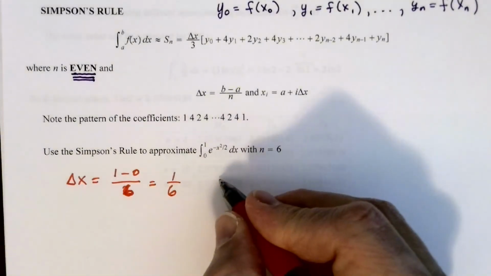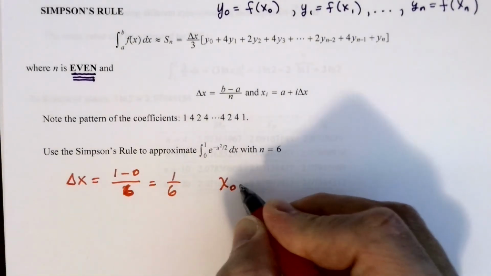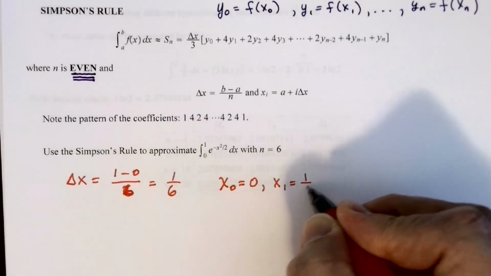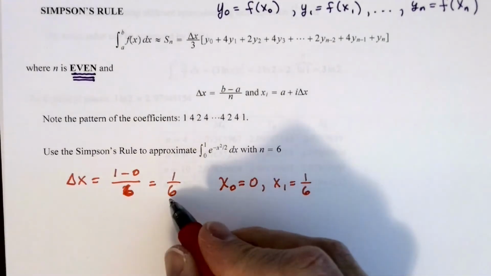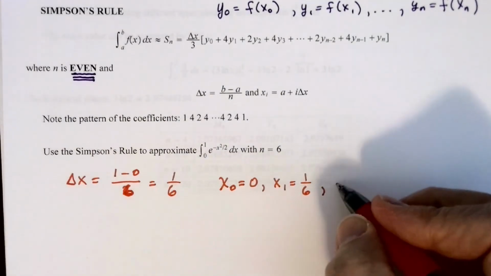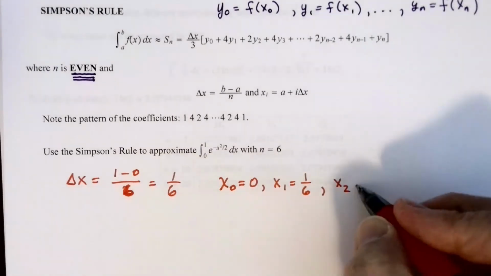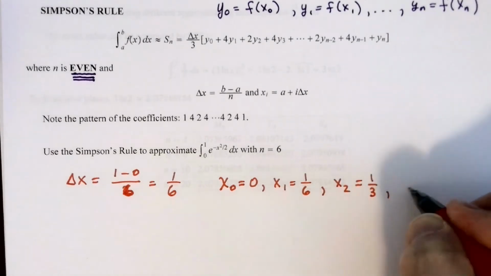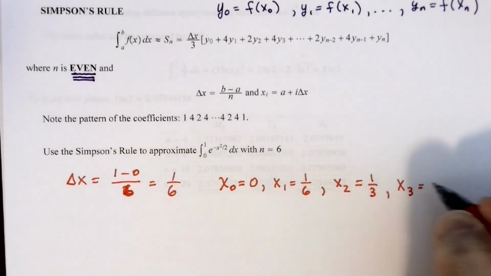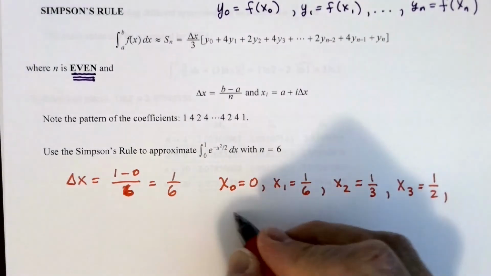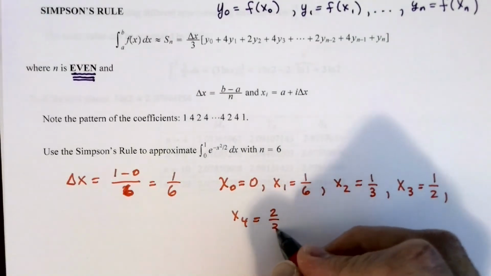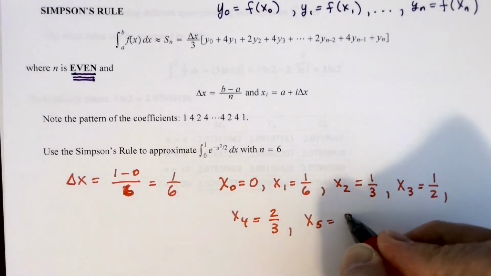What are the endpoints of our subintervals? x sub 0 is 0. x sub 1 is 1/6. I'm not going to write that as a decimal, I'm going to leave it exact. x sub 2 is 1/6 plus 1/6, 2/6, which is 1/3. x sub 3 is 3/6, which is 1/2. x sub 4 is 4/6 or 2/3. x sub 5 is 5/6.